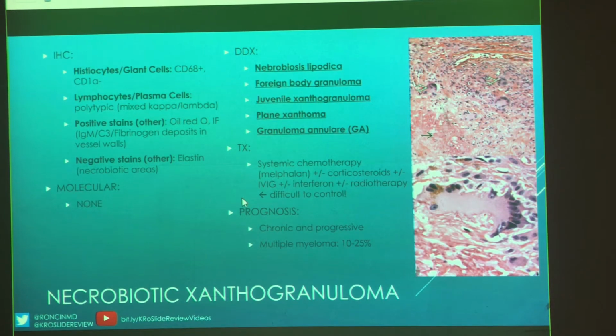You could have immunofluorescence showing IgM, C3, or fibrinogen deposits in your vessel walls. Your elastin should be negative in your necrobiotic areas, so that's something else that can help you out if you're not sure whether this is more of a panniculitis. There's no molecular test to know.